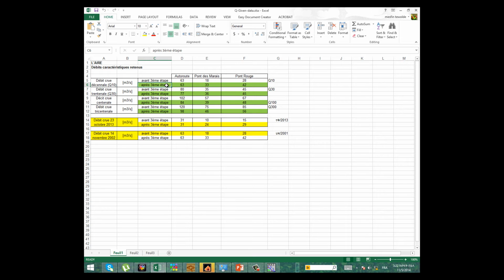After they constructed a diversion structure, I will show you in a moment, in a photo or in a video, the area where they are constructing and what they are doing. But this is the discharge that is calculated at a certain point. For example, at the outer road bridge, it is 63.